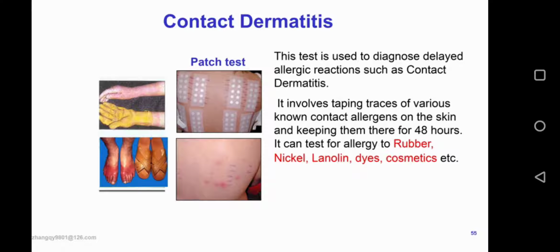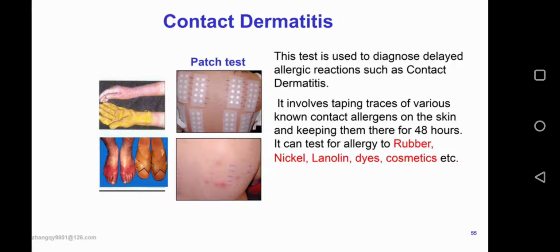Okay, skin test. Just like the patch test, some patients may have contact dermatitis. This patient may be allergic to these things, but these are induced by type 4, not type 1. You can see this figure shown here.